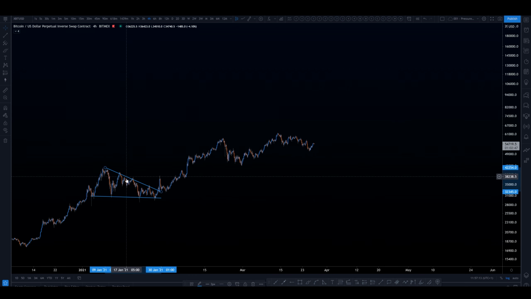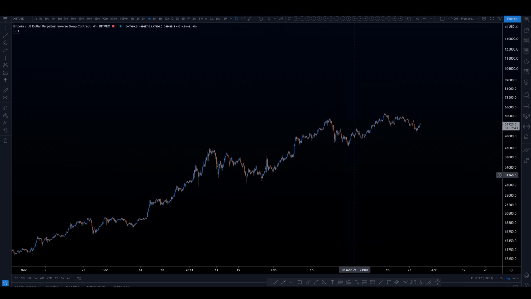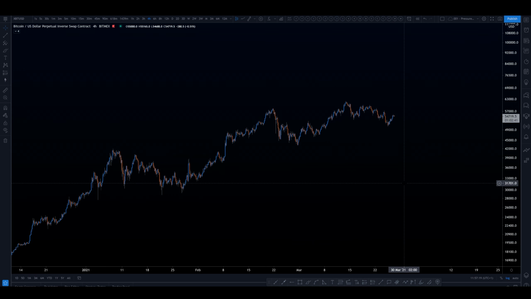Okay, so I don't want to dive too deep into the topic of patterns, but you can look at triangles, you can look at wedges. They all follow the same principles. The trading range becomes narrow, we see a breakout, and this is something that can be traded very well.